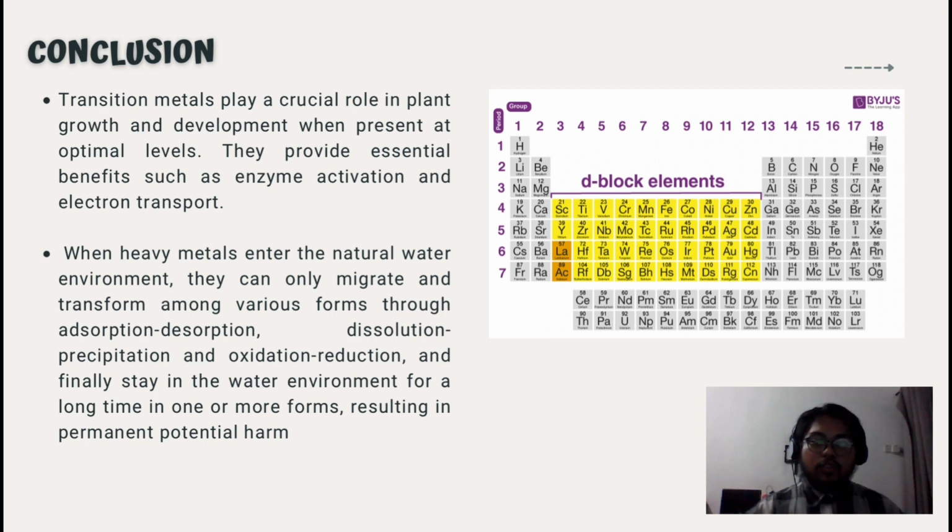With the change of environmental conditions, the toxicity of some transition metals may be restrained or weakened. For example, the granular transition metals deposited in the sediment will be released into the water body when the redox potential changes, resulting in secondary pollution.